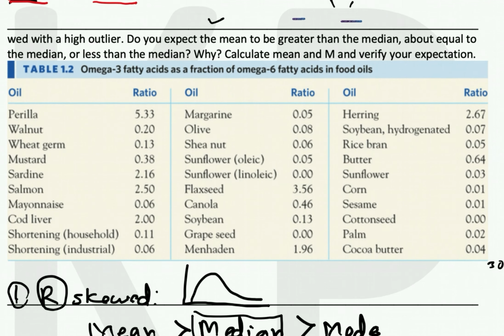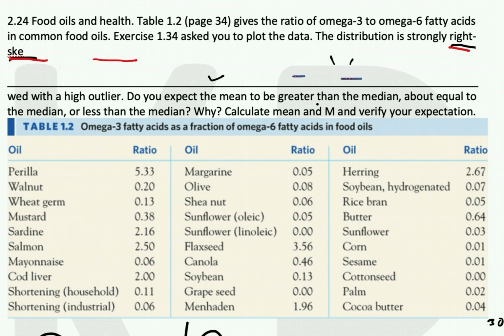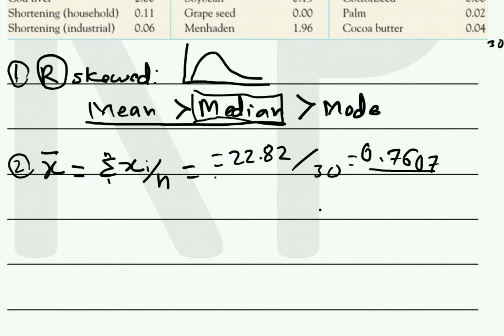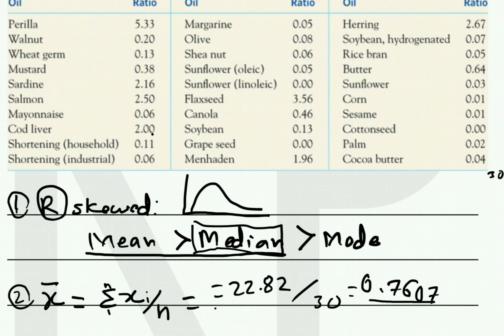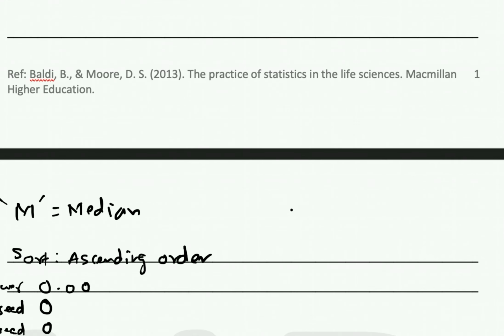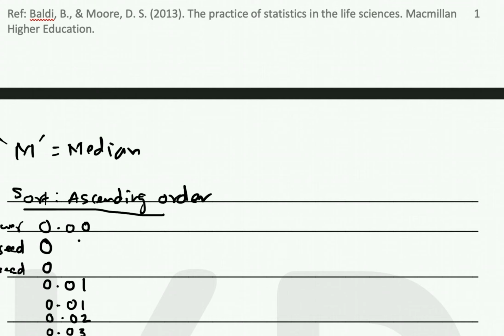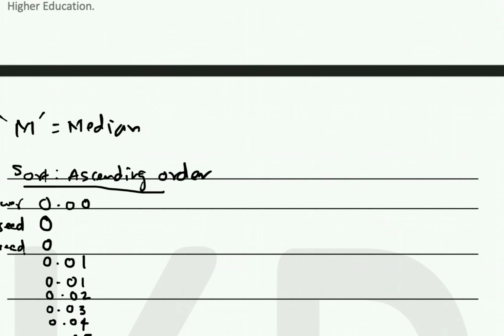Median for this question, we have to make sure that we sort the data, because median is nothing but the middle point of the sorted data points, right? So basically you have to order all the x values, that is your data, in ascending order. So sort the data in ascending order, and I've already done that here for you. So 0.01, that's the first data point for sunflower, second one is for grapeseed, third one is for cottonseed, and so on.